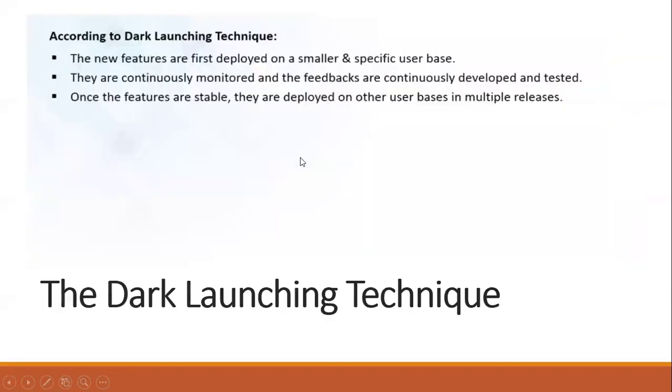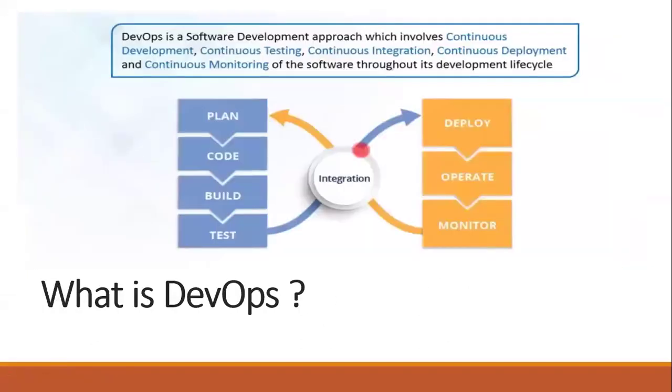Basically, as I told you, DevOps is a continuous process. DevOps is a software development approach which involves continuous development, continuous testing, continuous integration, continuous deployment, and continuous monitoring of the software throughout its development lifecycle. Plan, code, build, and test are the SDLC.